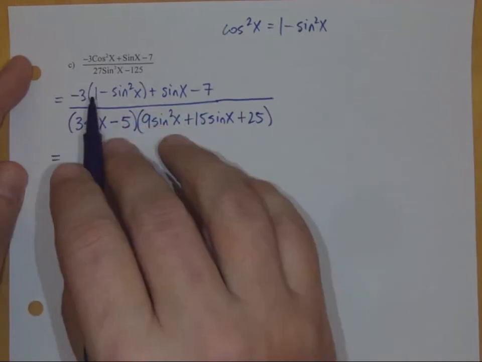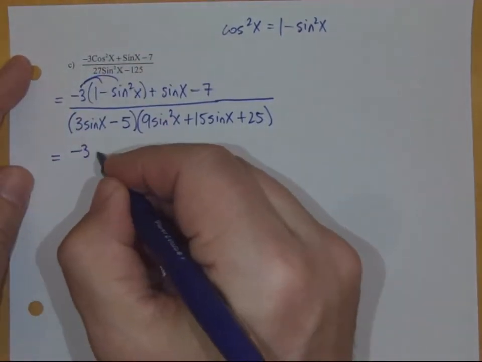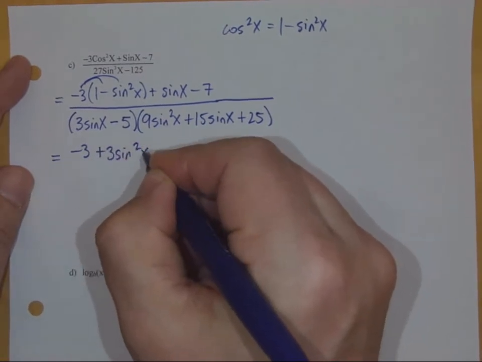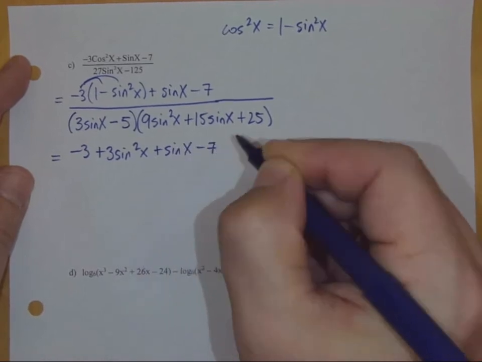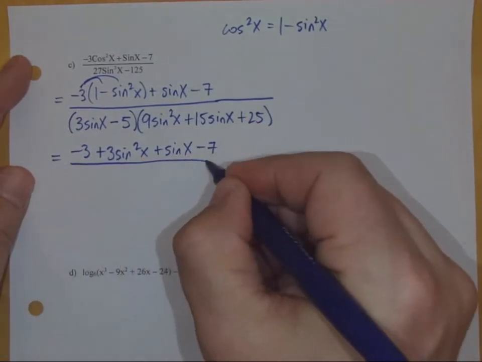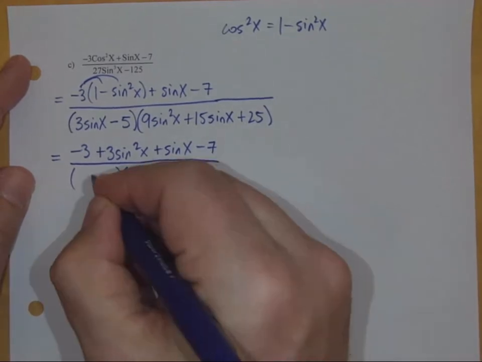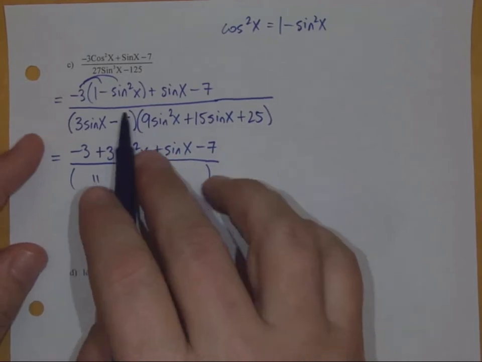Let's keep going with the top now. Negative 3 expanded in is negative 3 plus 3 sine squared x plus sine x minus 7. And I'm going to be pretty lazy right now, unfortunately. I know you'll be laughing at this. I'm going to put quotation marks because it's the same thing.